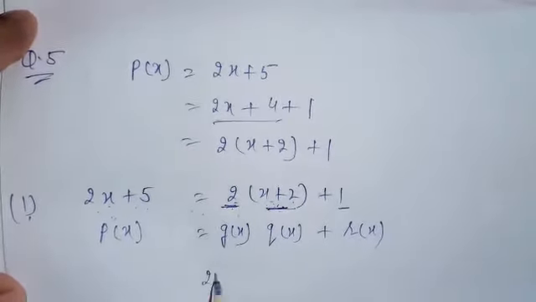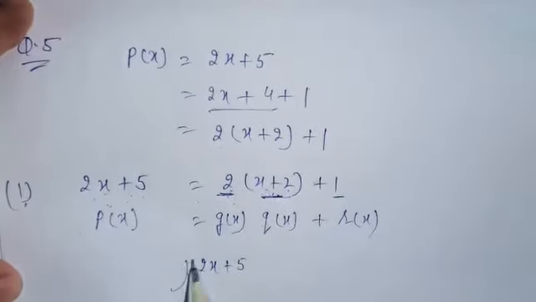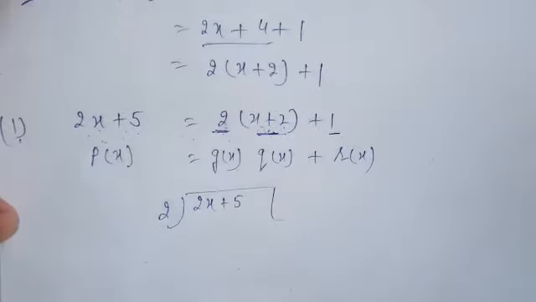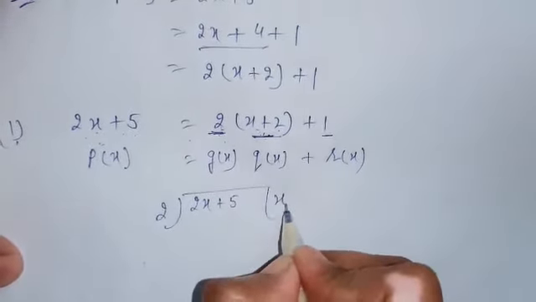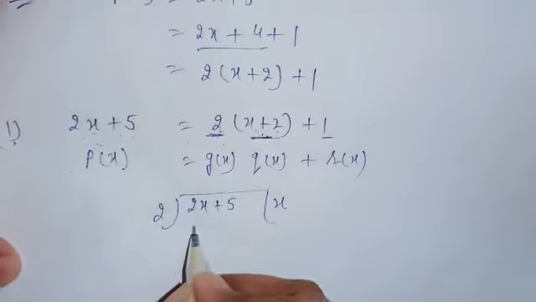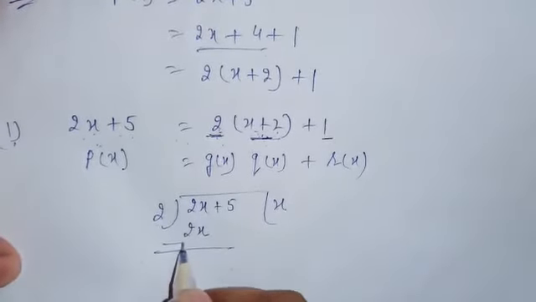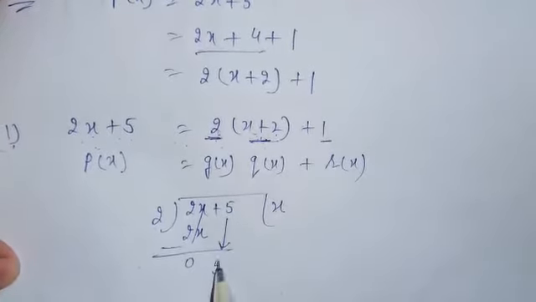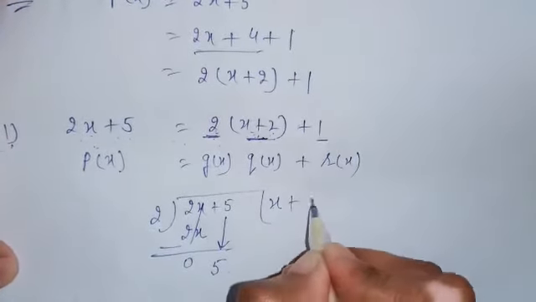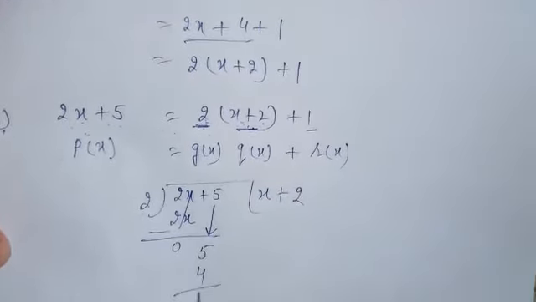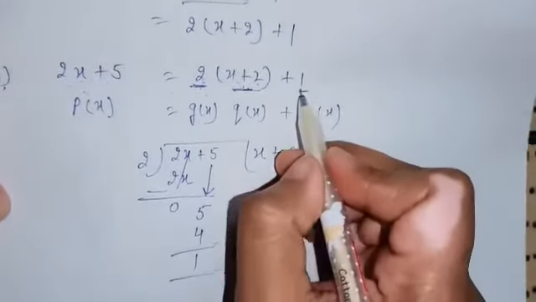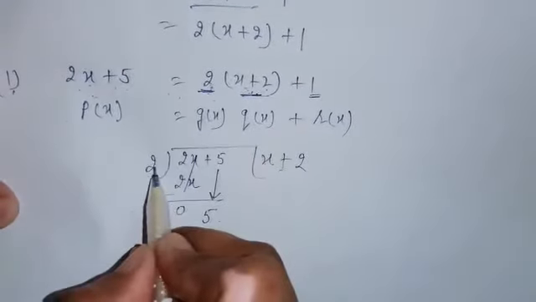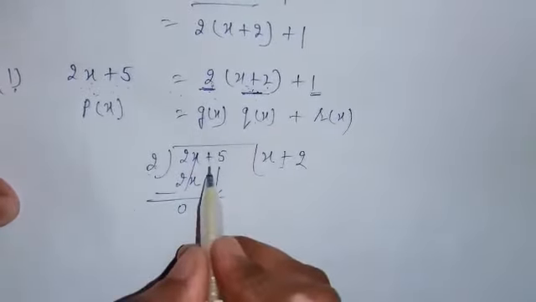Now we will observe, if we divide 2x plus 5, which is p(x), by 2, it goes x times. If we multiply x with 2, we get 2x. Now the sign will be changed. It becomes 0. Now we take 5. It goes 2 times, 2 times 2 is 4, and the remainder is 1. You will observe the remainder is 1, x plus 2 is q(x), 2 is g(x), and 2x plus 5 is p(x).